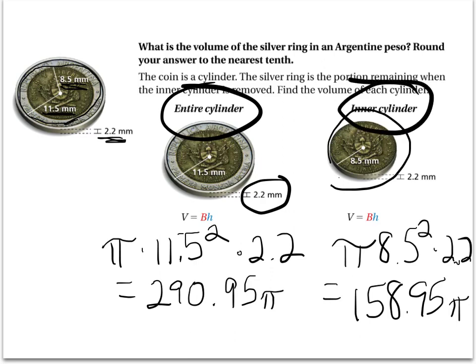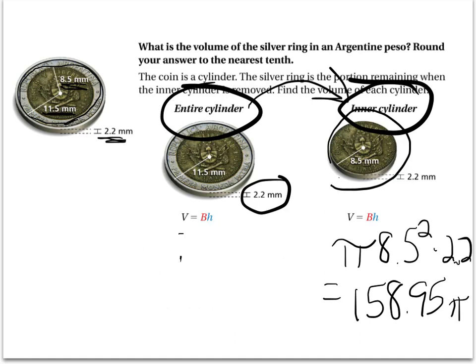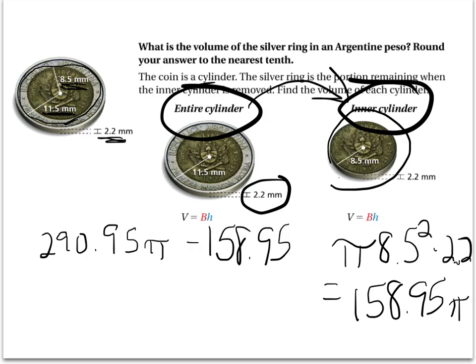Now, what am I trying to find? I want to know just the silver ring part. So I'm going to take this and subtract it from the other one. When I subtract the two, I'm subtracting 290.95 pi minus 158.95 pi.